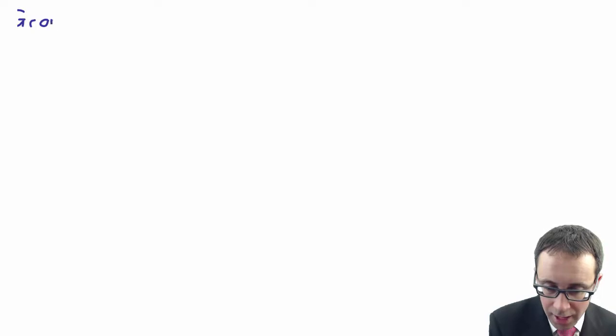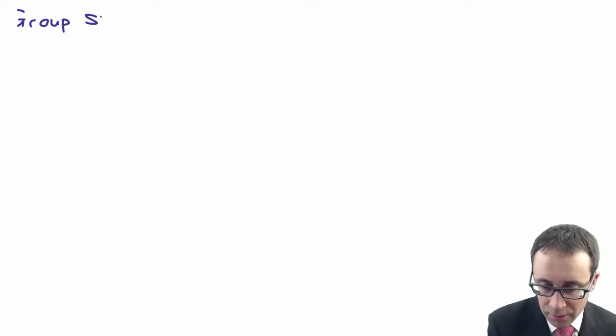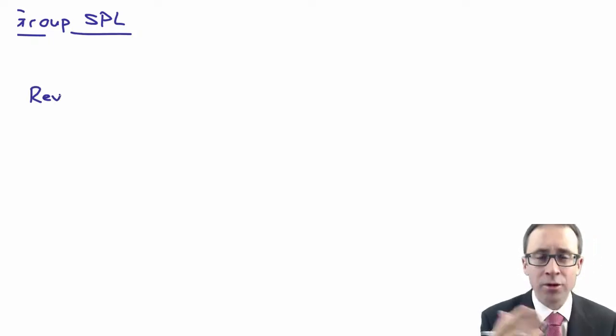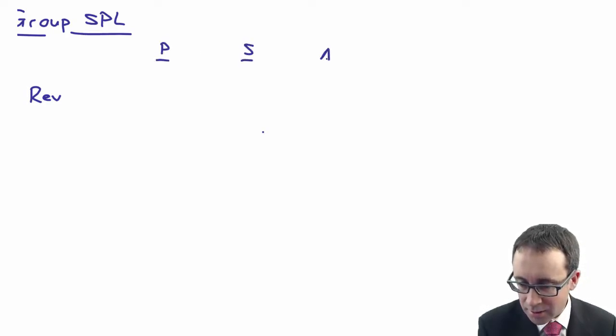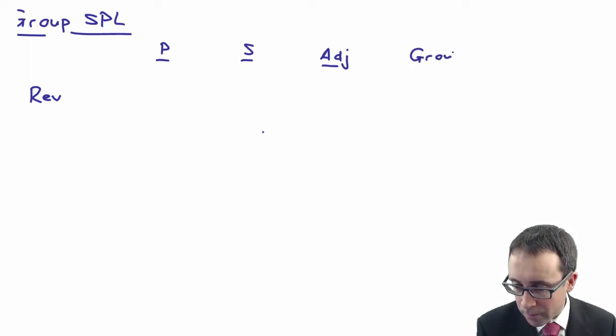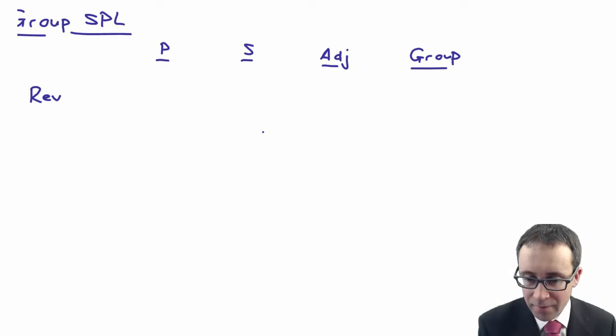So we're going to go through there and look at our group statement of profit or loss. We have there, is it the revenue? Now we could take shortcuts, but we're not going to. We're going to have P, we're going to have S, the adjustments, and then the group. You know, we've kept it very simple.